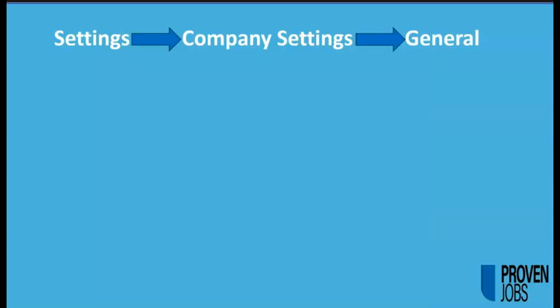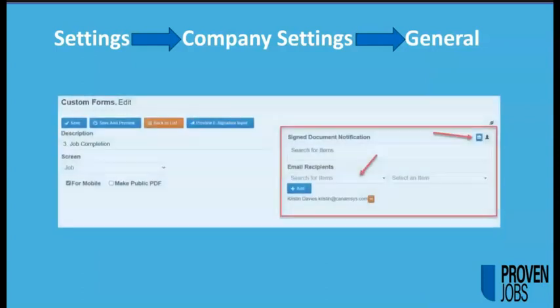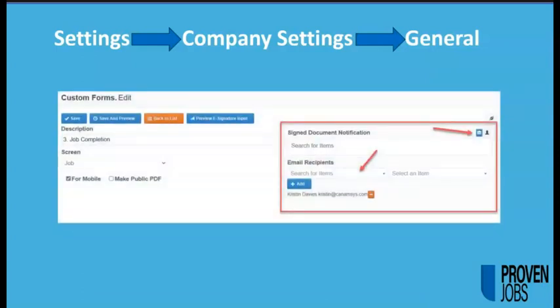Our first section we're going to review is the Signed Document Notification area. Users who create an e-signature request will receive email notifications when documents have been signed. However, you may wish to have other internal employees or external contacts receive a notification that this form has been signed.